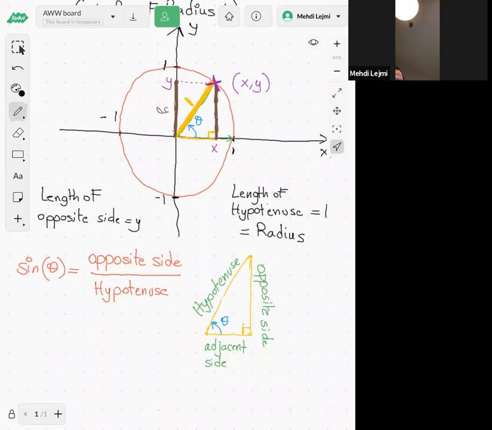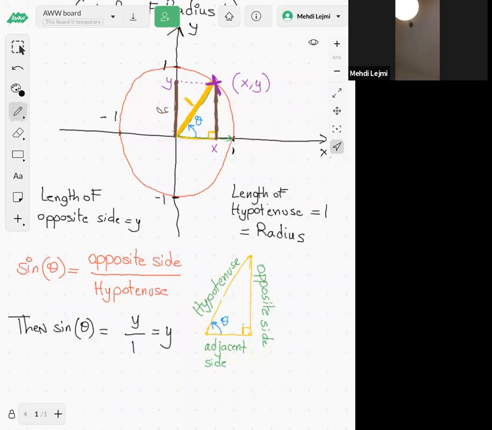So again, y, that's the y coordinate of your angle theta, right? This is your point xy, which corresponds to the angle theta. So then sine of theta is just equal to the opposite side, the y coordinate of the angle, over the hypotenuse, and because the hypotenuse is 1, that's y over 1, which is equal to y.